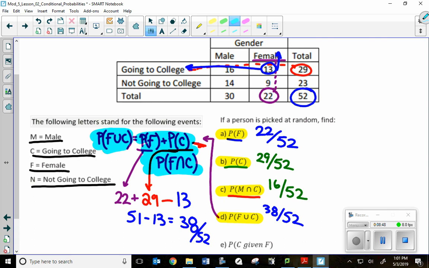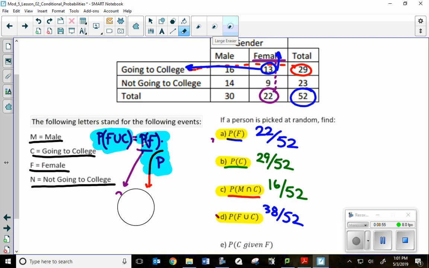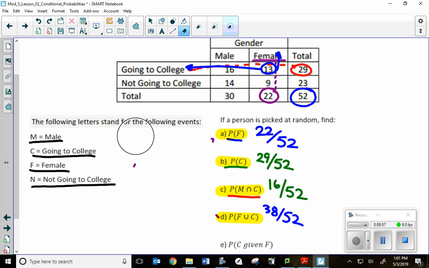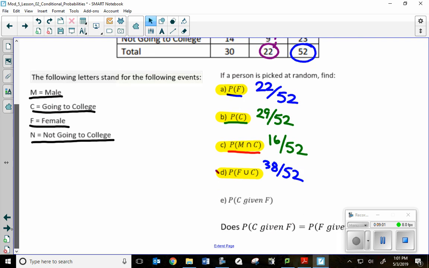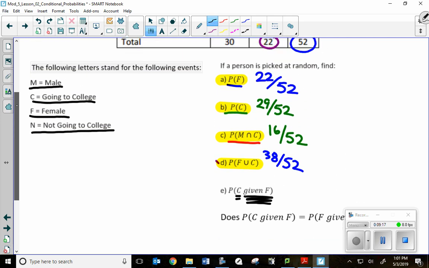All right? So let's start to look at given. Erase. I like to erase. Now, it says the probability, okay, let's use black here. The probability that someone is going to college given female. Let me explain given right this second.